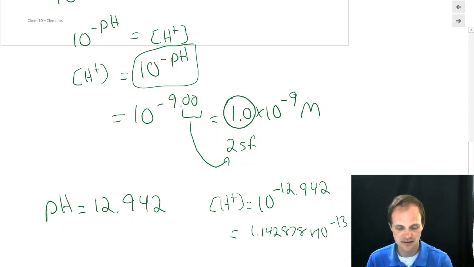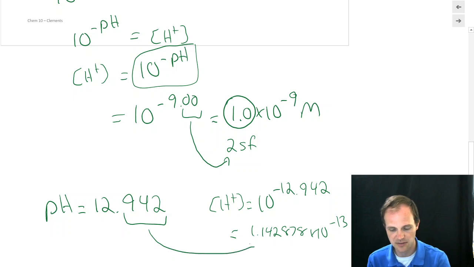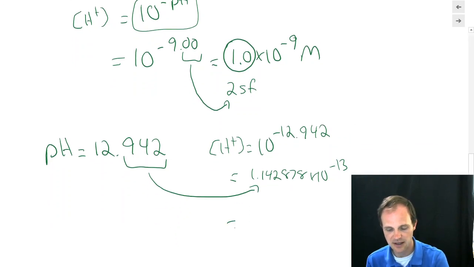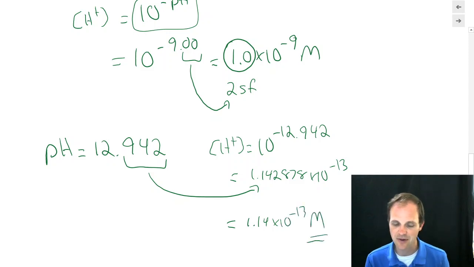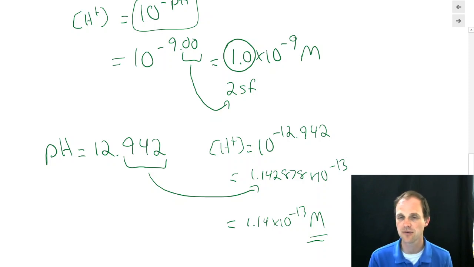For sig figs, 3 digits after the decimal become 3 sig figs. And I get 1.14 times 10 to the minus 13th molar, even though I didn't have those concentrations in my formulas. Since I'm reporting a concentration at the end, I need to report it in units of molarity. So 1.14 times 10 to the minus 13th molar.